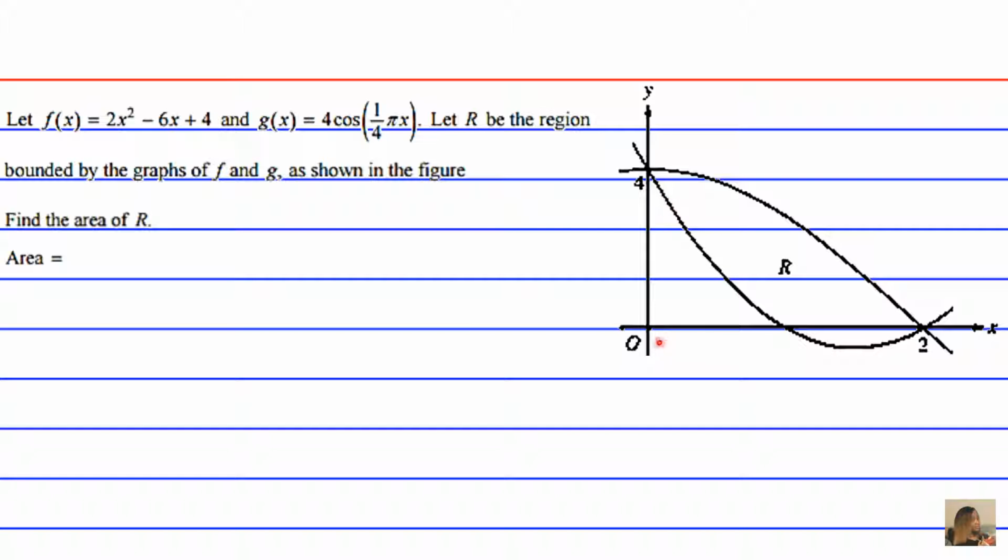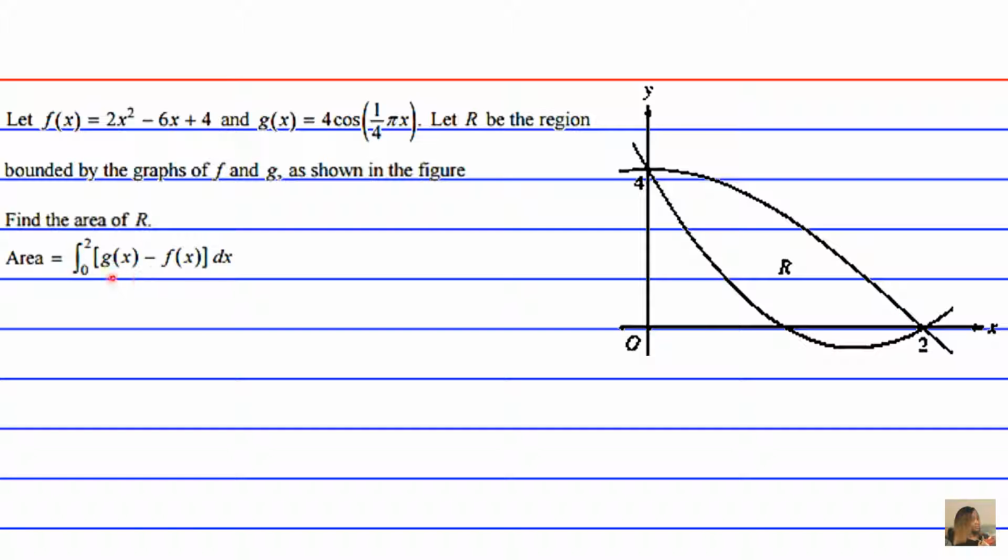Subtracting f of x is important because then it leaves the area of overlapping for g of x and f of x. We also need to establish our bounds of integration. They are bounded on the left-hand side at 0, and then again at 2. So these are going to be our limits of integration.